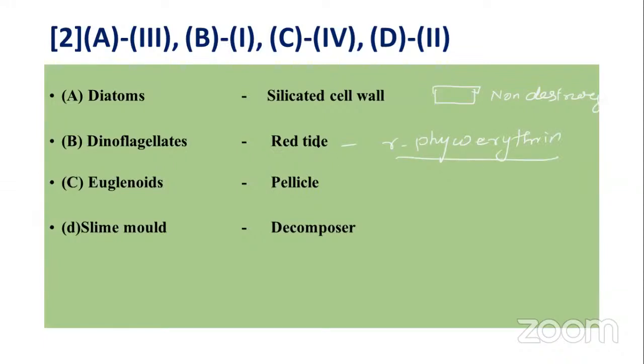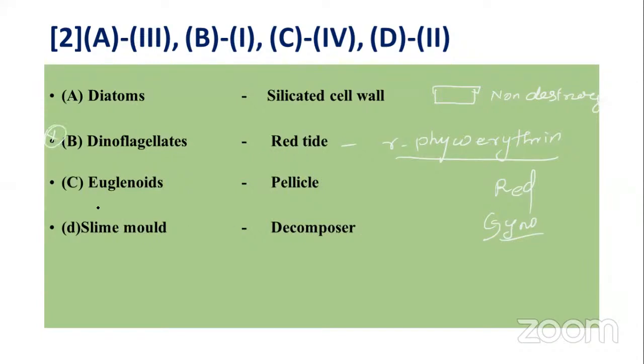Okay. So red tides, maximum, you know, Red Sea. Why does it look like a Red Sea, you know? Because of the presence of dinoflagellate, particularly Gonyaulax. Because of the presence of Gonyaulax, the color looks red. So the tide also is a red tide. So this is very, very important. So many times they have asked questions on this.